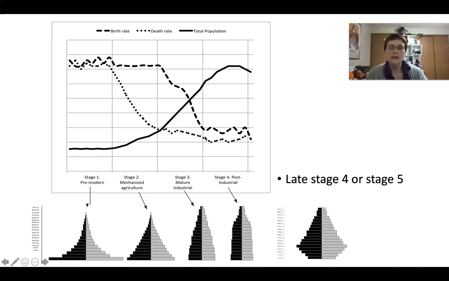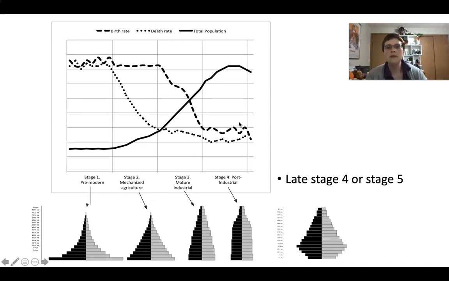Then eventually the birth rates and death rates come back to pretty close to being even because now you're in that post-industrial stage, where everything has kind of evened out. You've got good health care, you have jobs, and food availability is good.